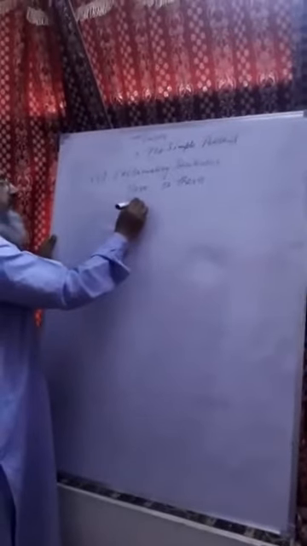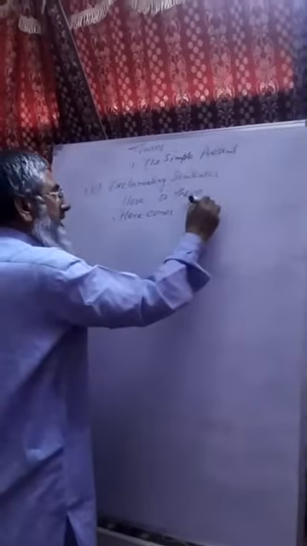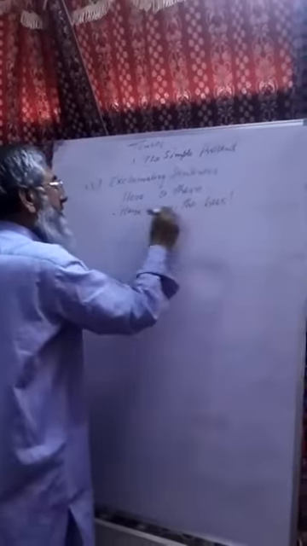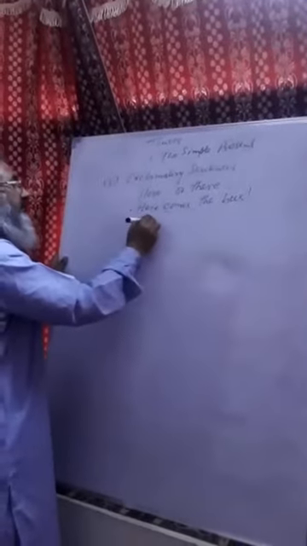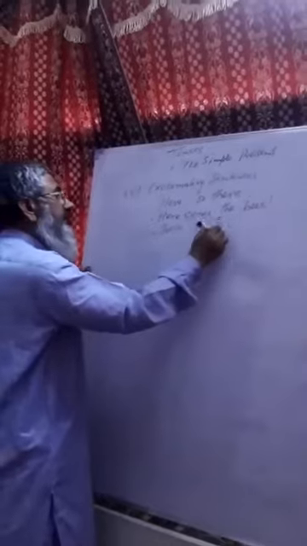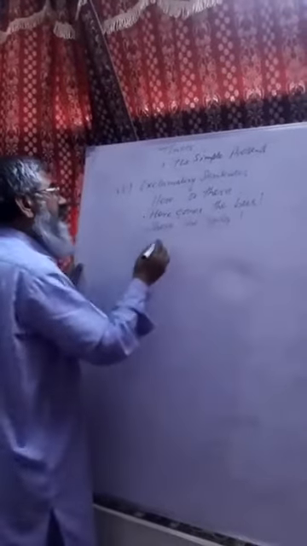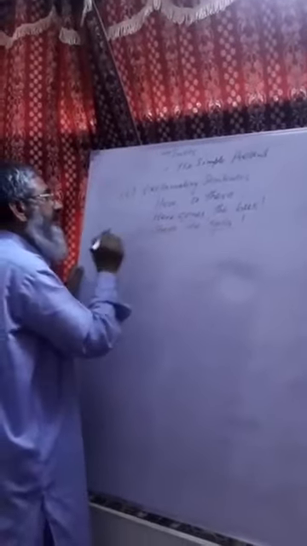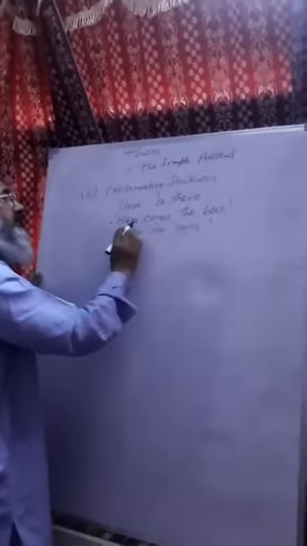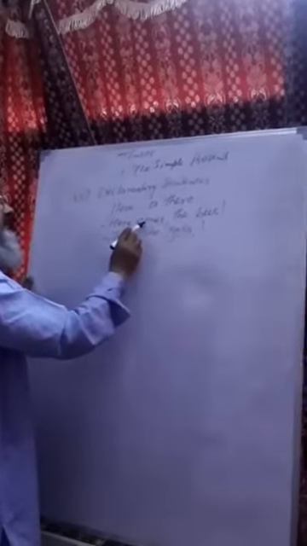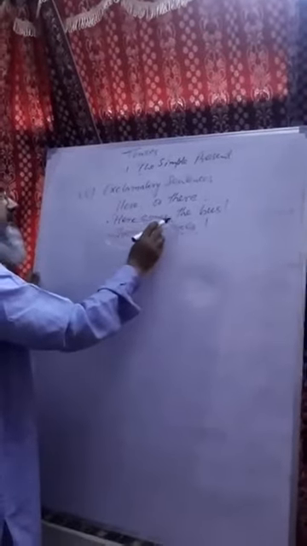For example, here comes the bus. Or there she goes. Now these sentences start with here and there, but they are exclamatory sentences, so we use the simple present with these. Here comes the bus. There she goes.